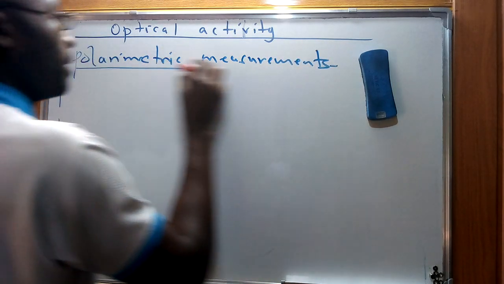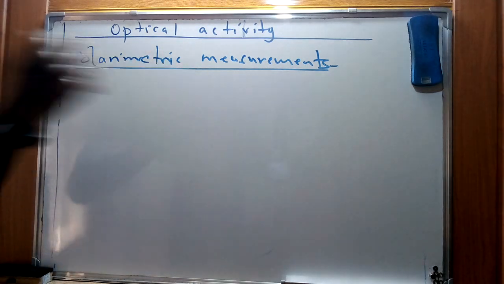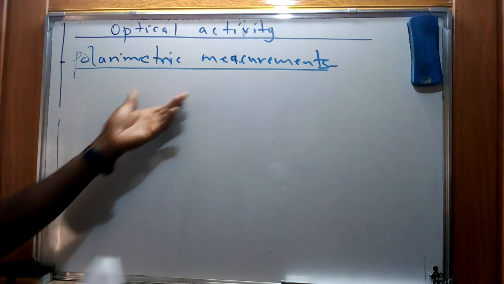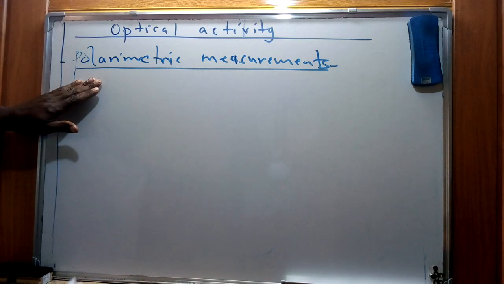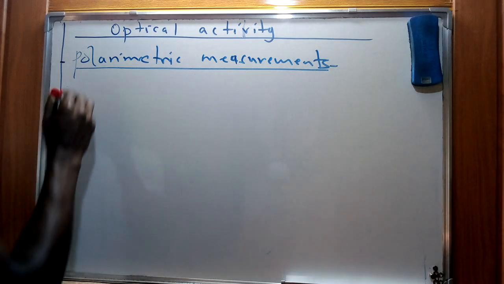Just like other scientific methods that we discussed concerning experiments and other aspects which are trying to identify chemicals and their behavior, the concept of polarimetric measurements is carried out in an instrument.